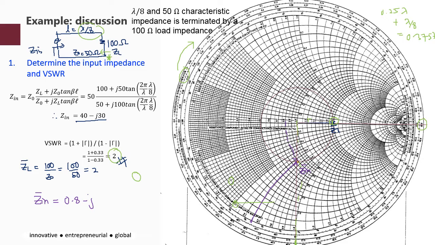So it's 0.65. Okay, so your Z-in real value equals 0.8 minus J 0.65, multiplied with your Z0, which is 50. So you'll get 40 minus J 32.